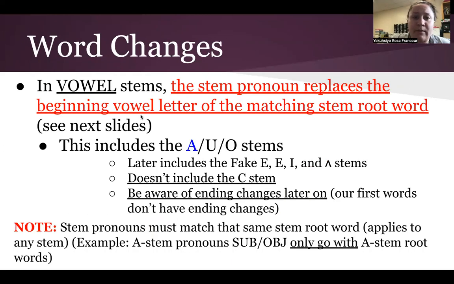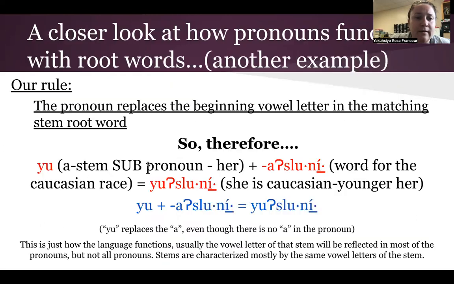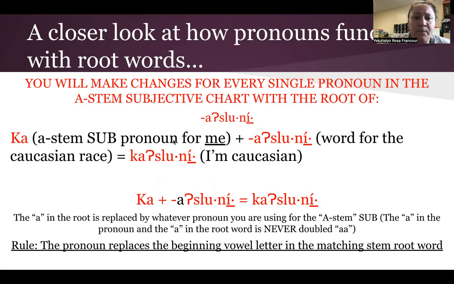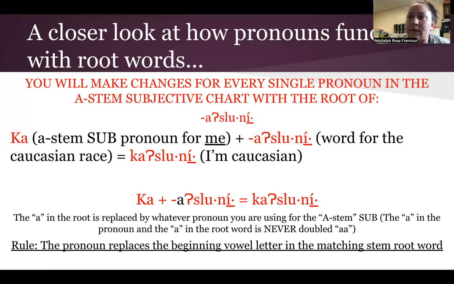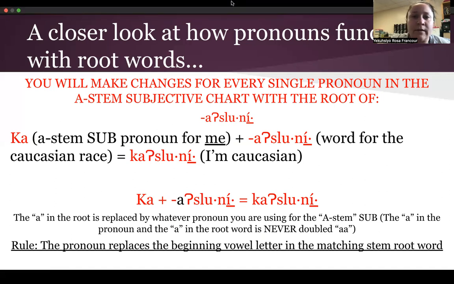It's going to make gazlun, I'm white or Caucasian, but remember the rule: the stem pronoun replaces the beginning vowel letter. The beginning vowel letter of the root is A. Let's look at this breakdown a little bit more. Here's ga, the pronoun for me. Here is azlun. Ga replaces the A. Let me grab my little drawing tool because I want you to visually see this.